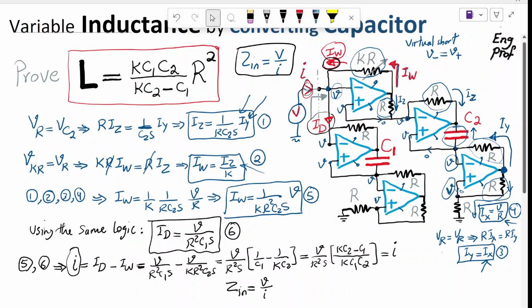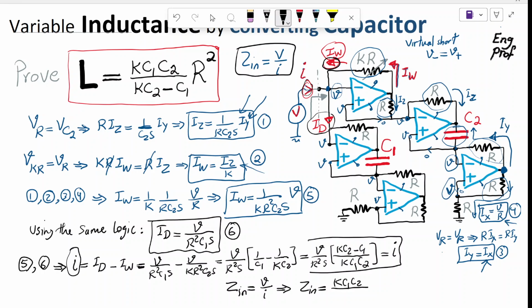So Zin is V over I, and using what we found here, Zin is exactly what we said at the beginning is going to happen: K C1 C2 divided by (K C2 minus C1) times R squared S. And as soon as we find this, obviously this resembles Ls, an inductor, in which the value of L is as described at the beginning of the problem, K C2 C1 divided by K C2 minus C1.